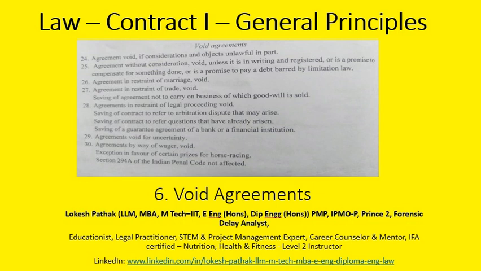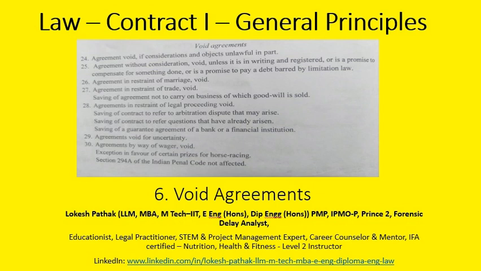Section 32 says that any agreement which is contingent on an uncertain event, and in case that event becomes impossible, then such agreement will be void. Section 36 says that any contingent contract which is contingent on an impossible event is void.